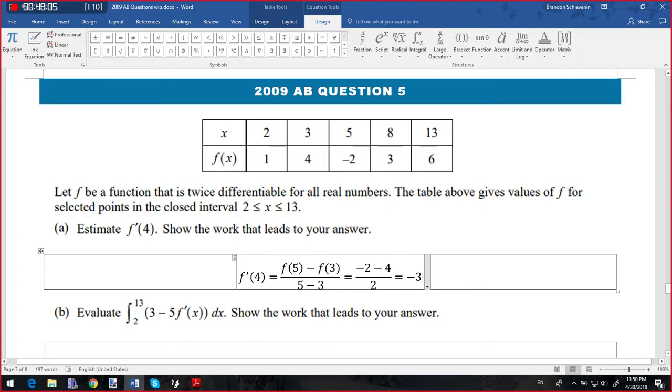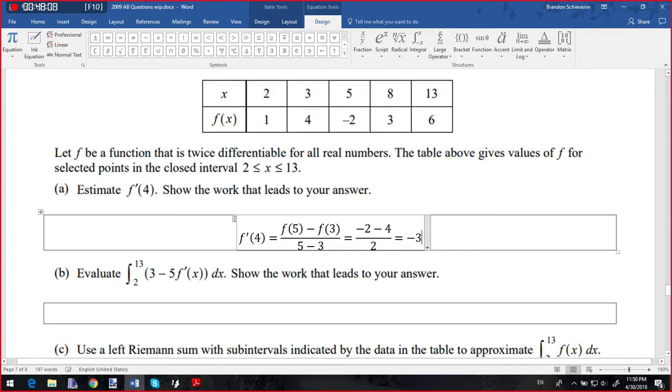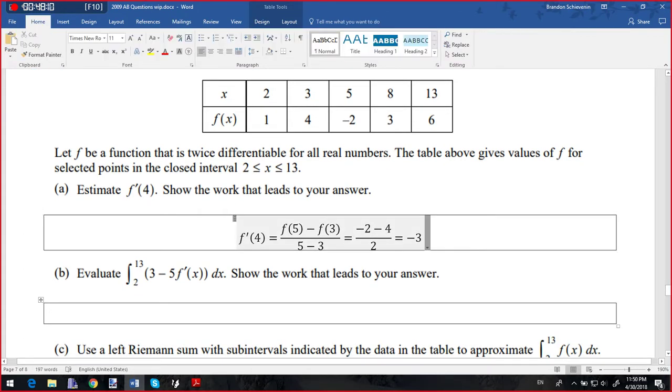Okay, and the next thing we need is the integral from 2 to 13 of (3 minus 5 times the derivative of f(x)), and to show the work that leads to the answer.